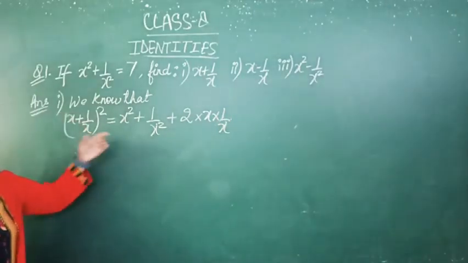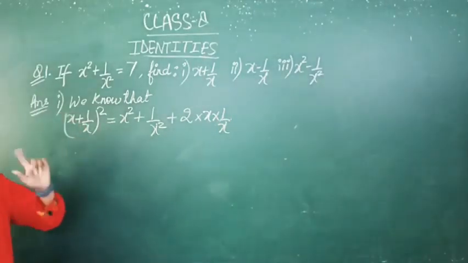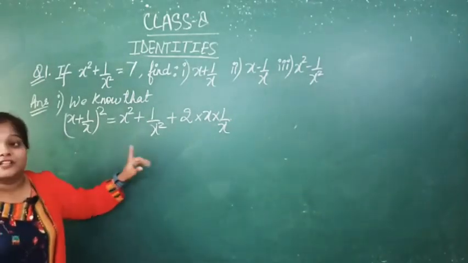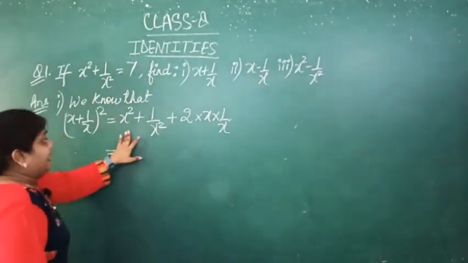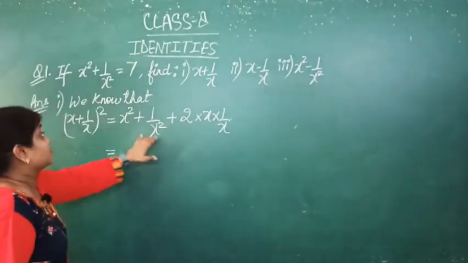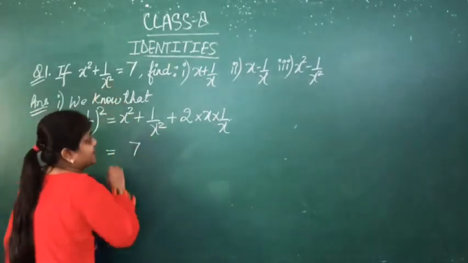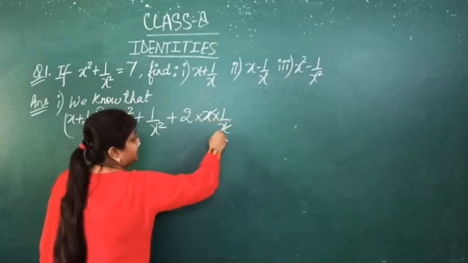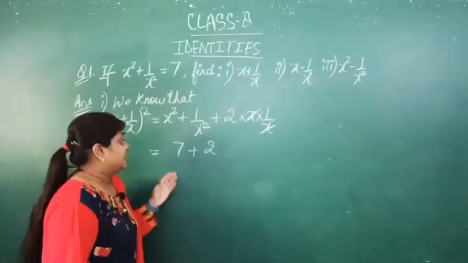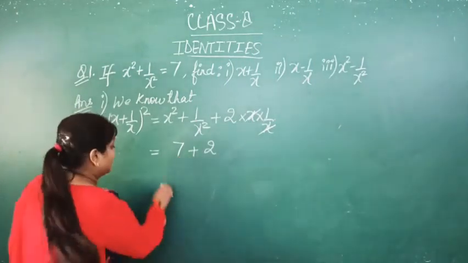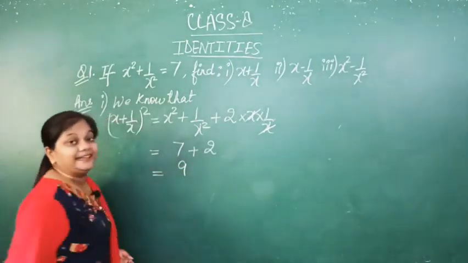Here we have used our second identity, that is square of sum of two terms. X square plus 1 upon x square is given, that is 7, and this x and x will be cancelled. Here we will get only 2. So 7 plus 2 is equal to 9.